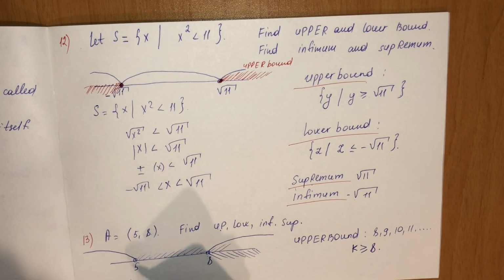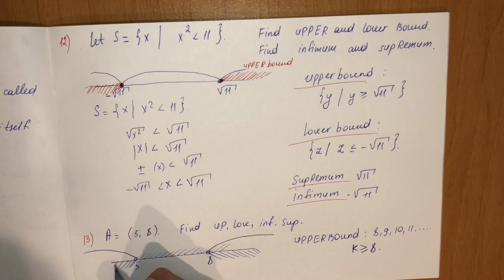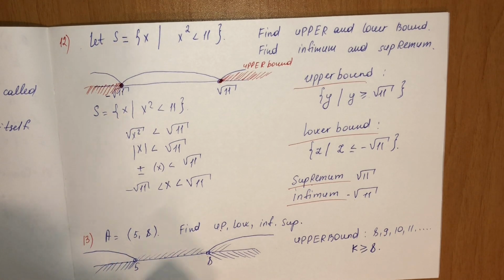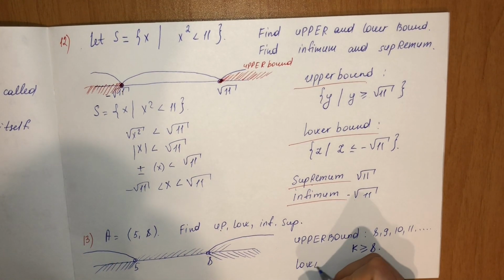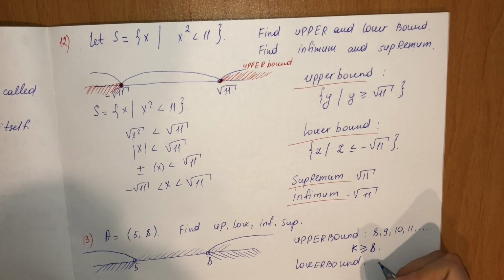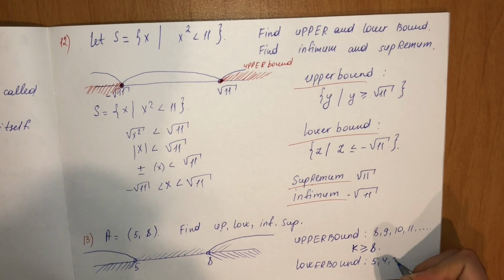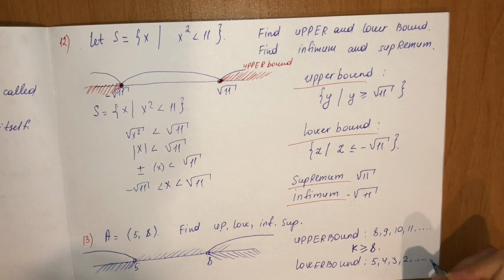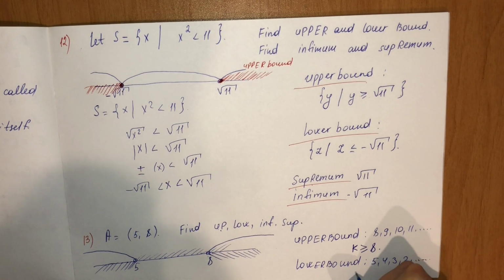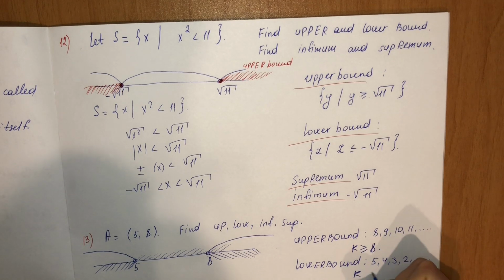Lower bound of this set starts with 5 and decreases: 5, 4, 3, 2, 1 and so on. They are K prime such that K prime is less than or equal to 5.